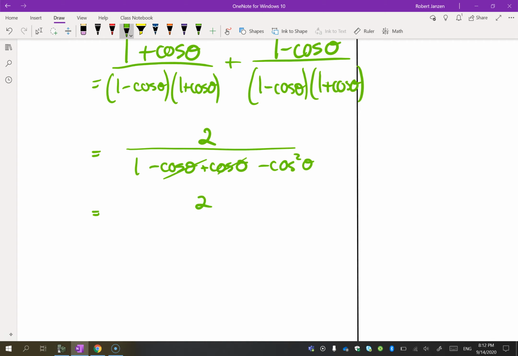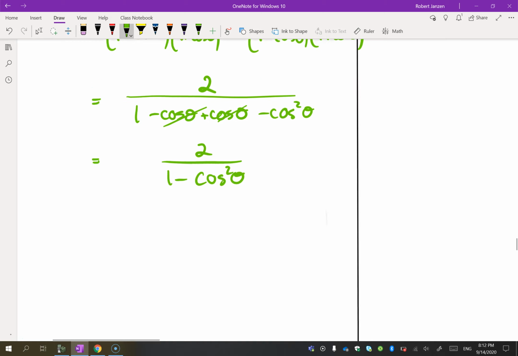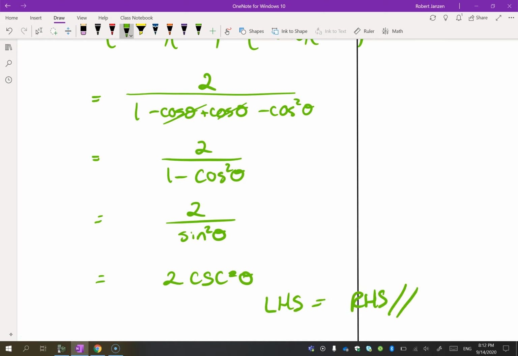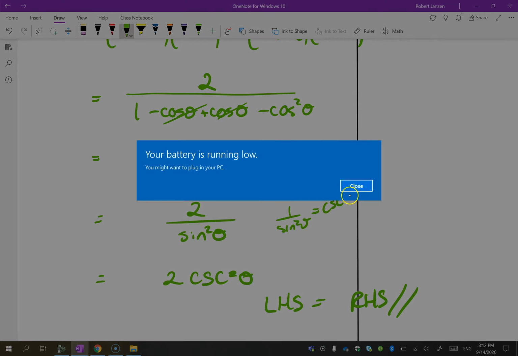So I'm left with 2 over 1 minus cos squared. And that is 2 over sine squared, which is 2 cosecant squared. Because don't forget 1 over sine squared, this is cosecant squared.